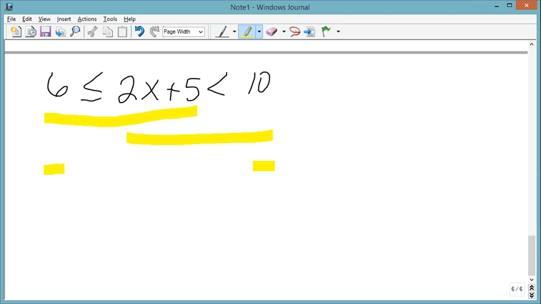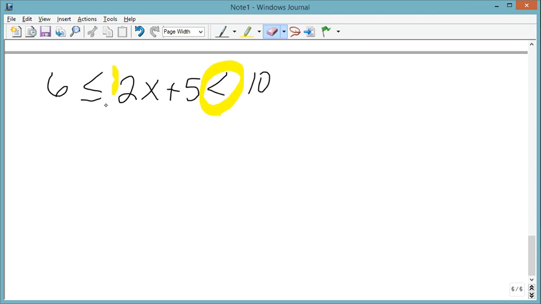We can only do it if these two are both going in the same direction. So these are both less than. That means 6 is less than 2x plus 5, 2x plus 5 is also less than 10, and 6 has to be less than 10. If those three things are not all true, then I can't do it as an all-in-one inequality.